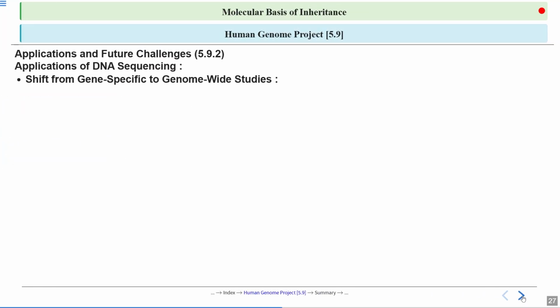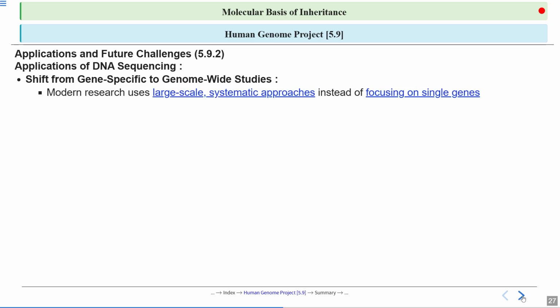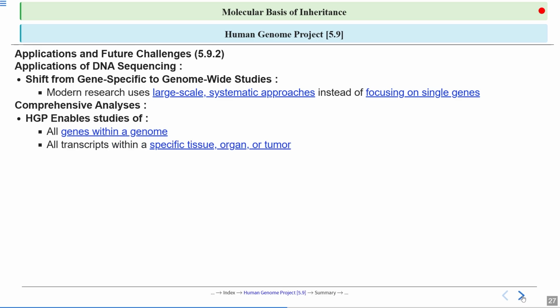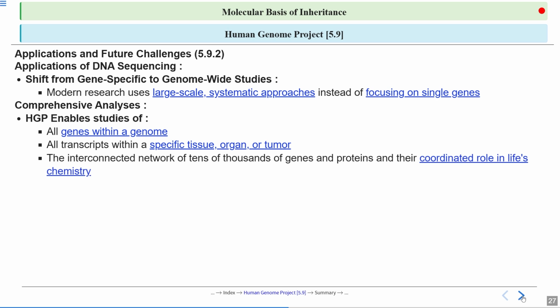Then shift from gene specific to genome wide studies. Modern research uses a large scale systematic approach instead of focusing on single genes. Comprehensive analysis: HGP enables studies of all genes within a genome, all transcripts within a specific tissue, organ or tumor, and the interconnected network of tens of thousands of genes and proteins and their coordinated roles in life chemistry.